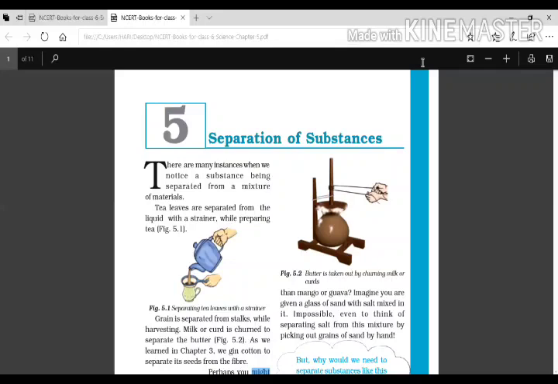For example, if you take a glass of water, the water will take the shape of the glass. And if you pour the water into a bottle, it will take the shape of the bottle. If you pour the same water into any other vessel, that water will take the shape of that vessel. That means liquids have no definite shape but have a definite volume.